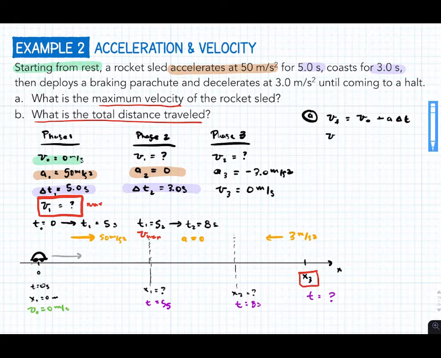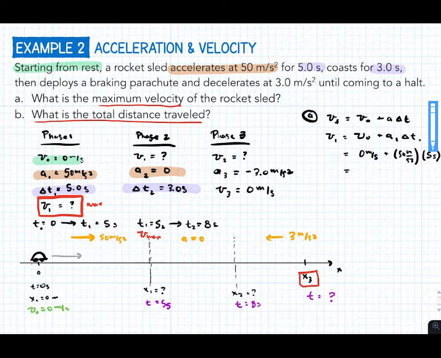So we could say V1 is equal to V initial plus A1 delta T1, right? So we can plug in our values. We know that this is 0 because we have that over here. We know that acceleration is 50 meters per second squared, and we know that our time is 5 seconds, okay?